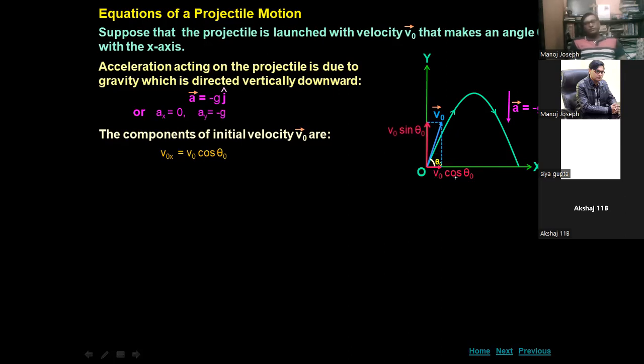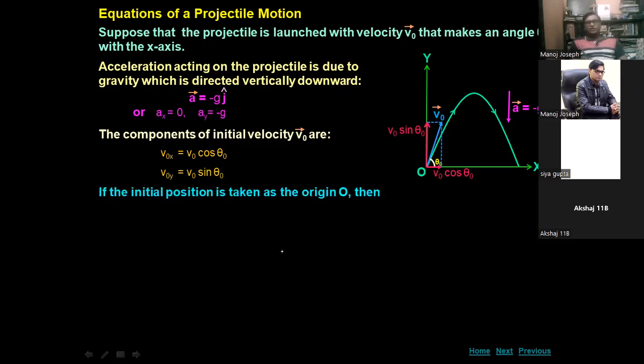For any vector moving in the xy plane, its component along the x-axis is given by cos theta, and the component along the vertical axis, or y-axis, is given by sin theta. So the components of v0 are v0 cos theta along the x-axis and v0 sin theta along the y-axis.